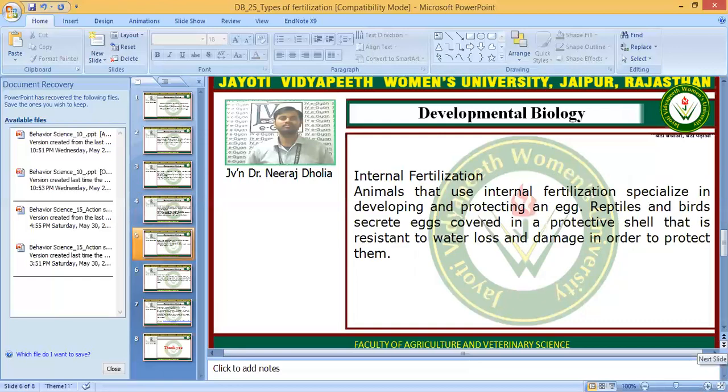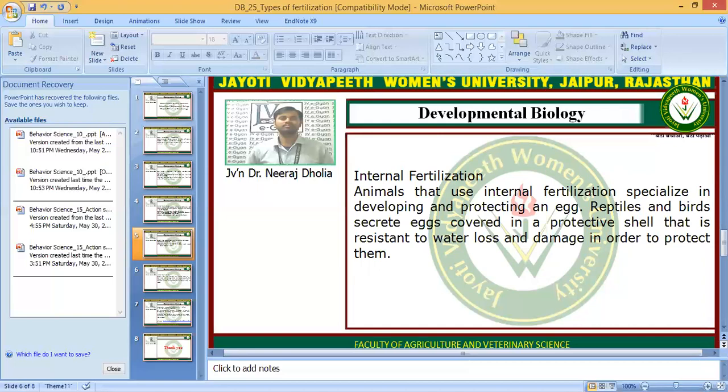Let's talk about internal fertilization. The animals that use internal fertilization specialize in developing and protecting an egg. It is observed that the animals which have internal fertilization protect their eggs. Reptiles and birds secrete eggs covered in a protective shell that is resistant to water loss and damage.